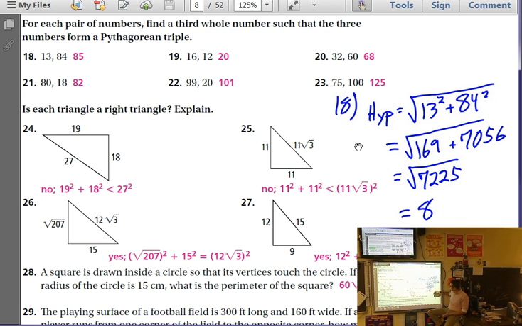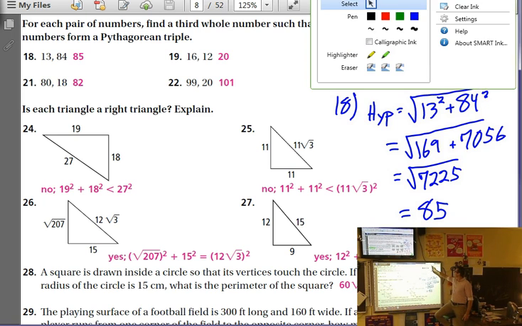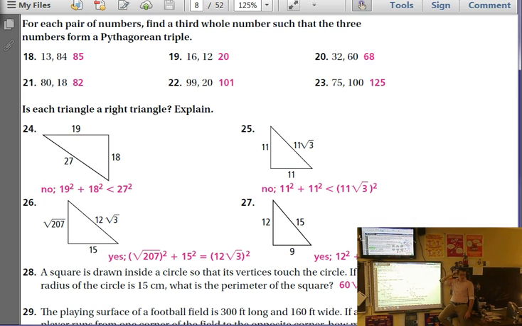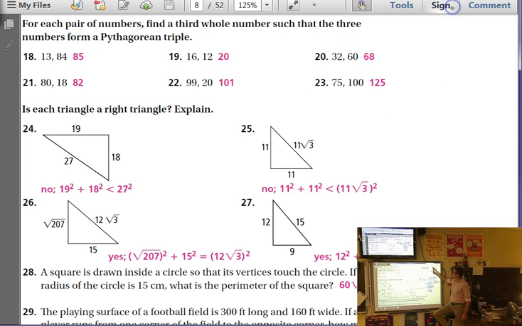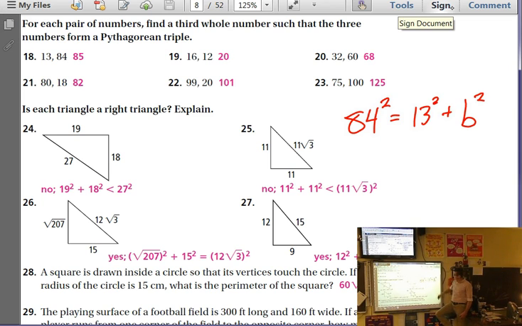Now, if I had thought that 84 was the hypotenuse, and I tried to solve for the long leg, then I would set up 84 squared is equal to 13 squared plus something squared.